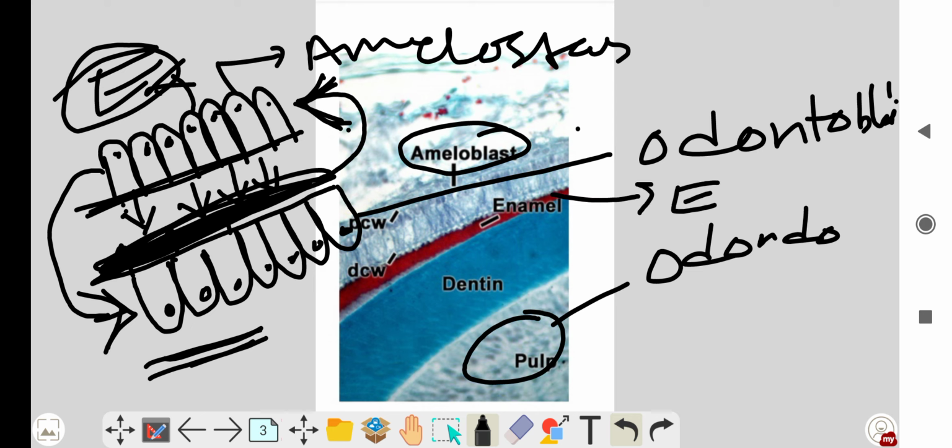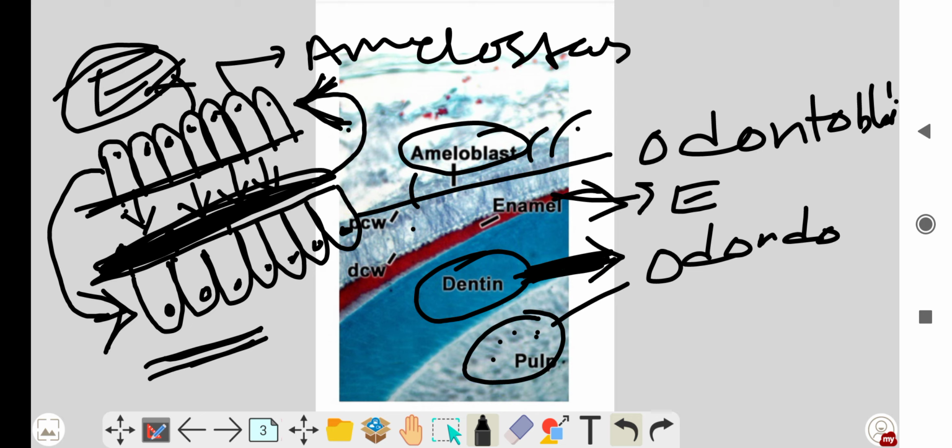Here also you can see the nucleus away from the basement membrane. So this is the dentine. Always remember, the first hard tissue formed is dentin, then the formation of the enamel.